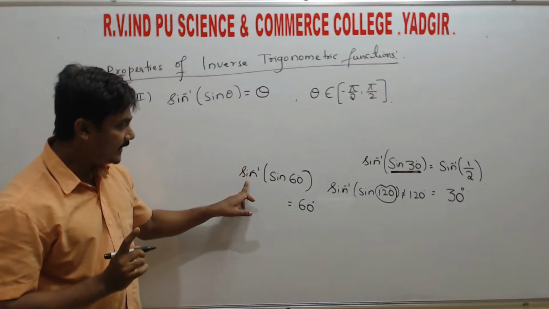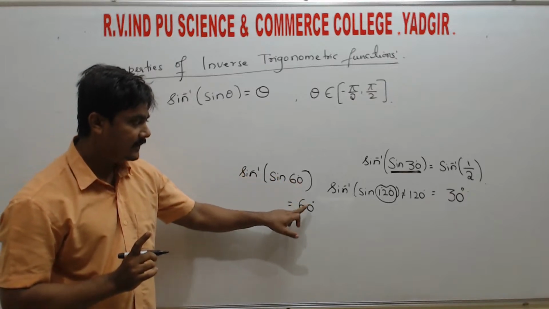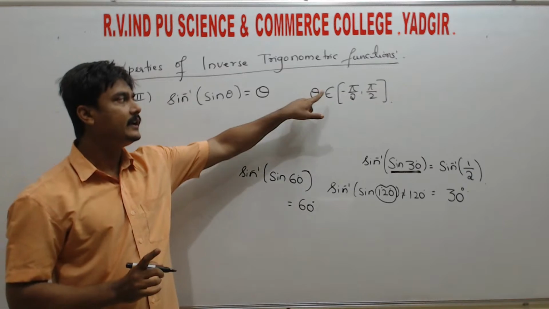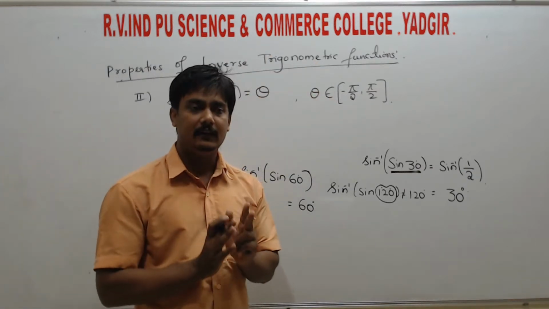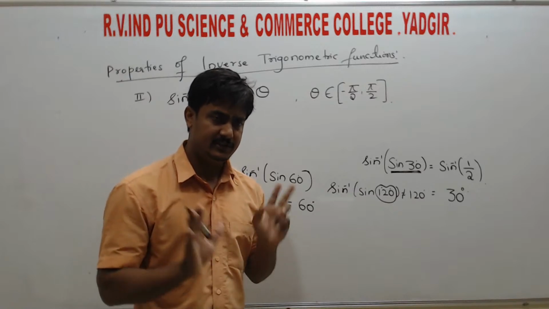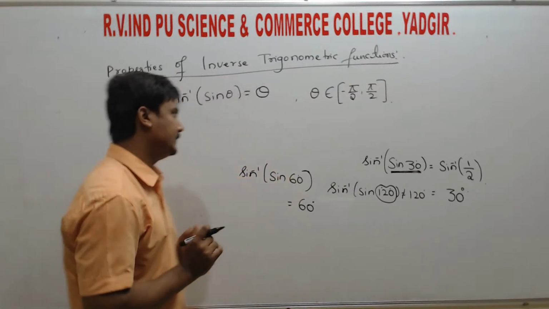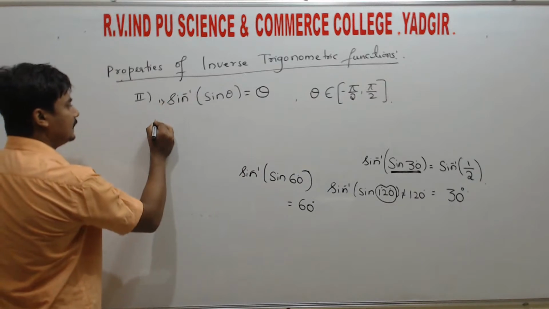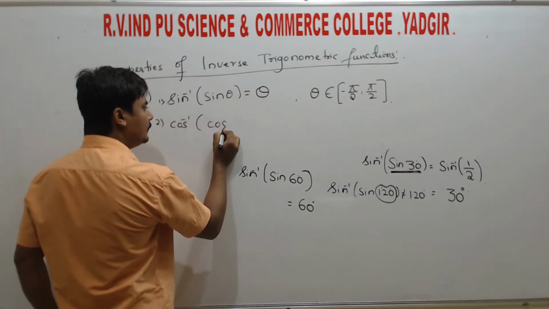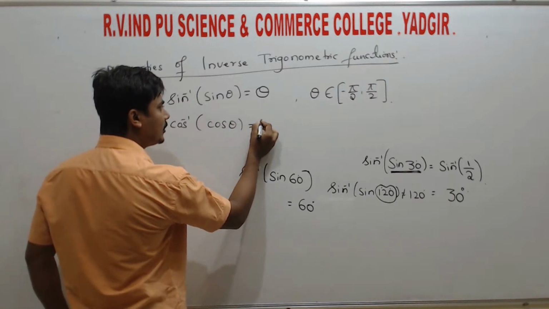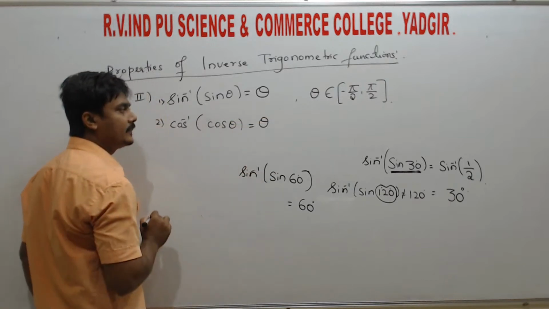Okay. So sine inverse of sine theta is theta if theta lies within the principal value branch of inverse sine function. Is that clear? Okay. Similarly, what is cos inverse of cos theta? Cos inverse of cos theta is theta.